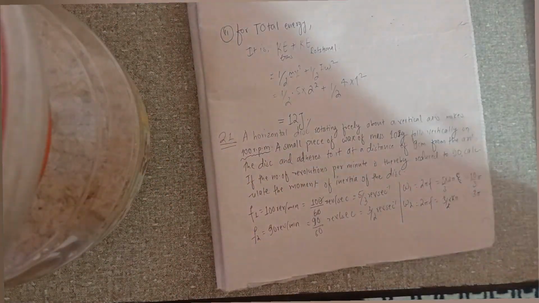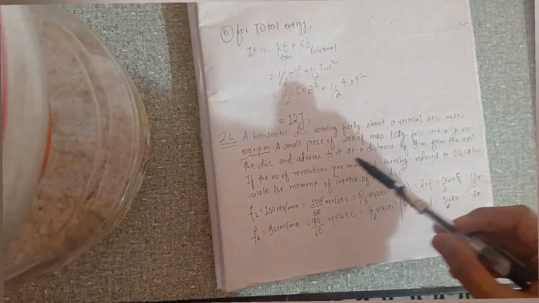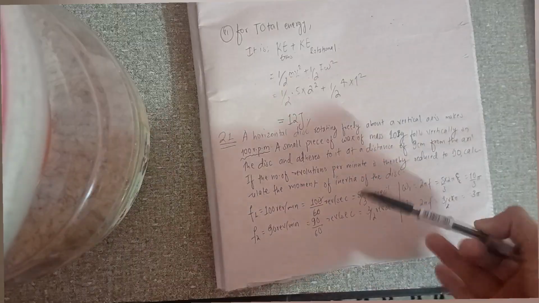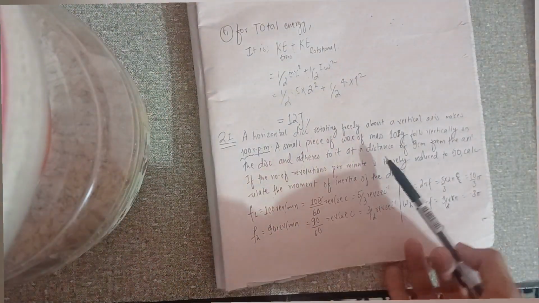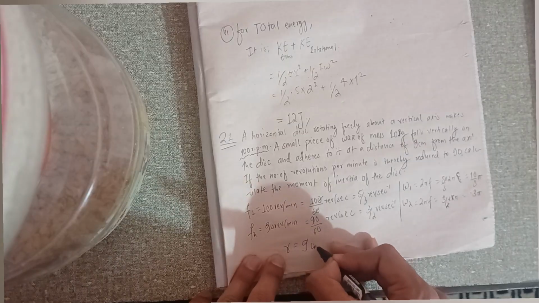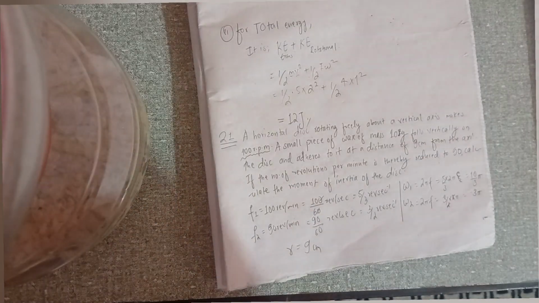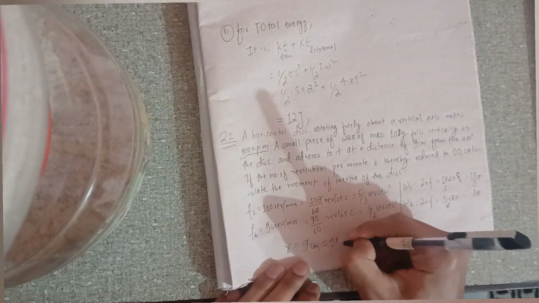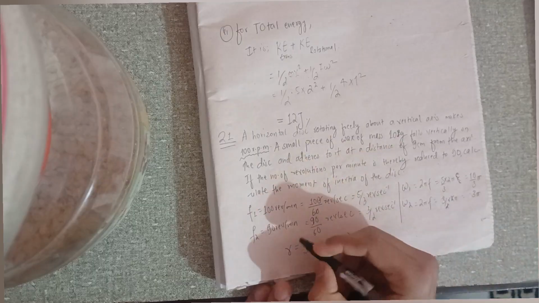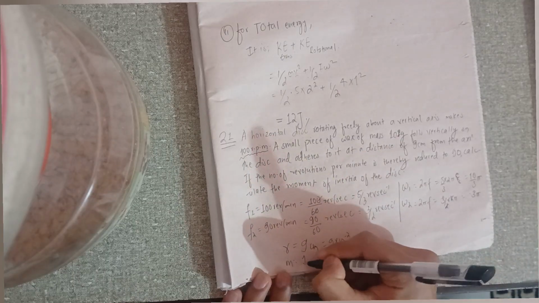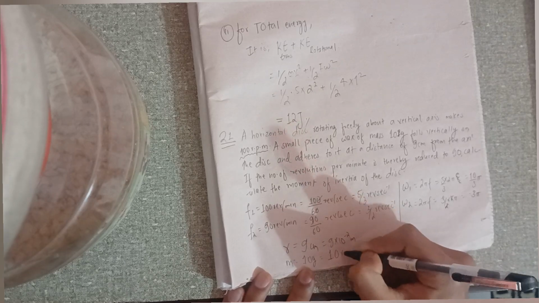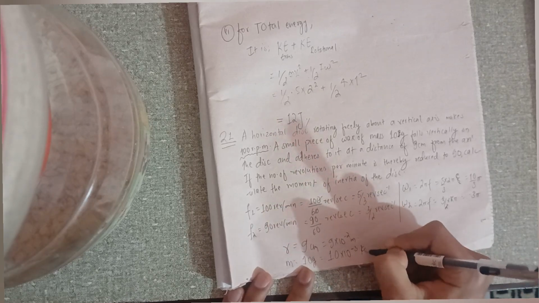After that, you can see in the question, a small piece of wax of 10 gram falls vertically on the disc and adheres to it at a distance. Radius r is 9 centimeter, that is 9 into 10 to the power minus 2 meters, and the 10 gram mass we can write in kilograms, that is 10 to the power minus 3 kg.